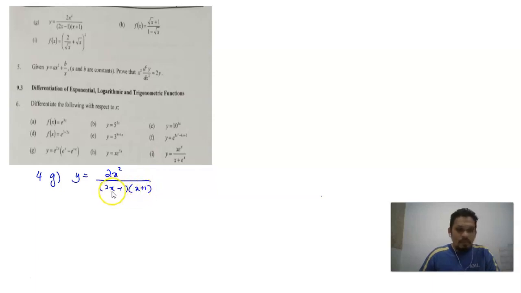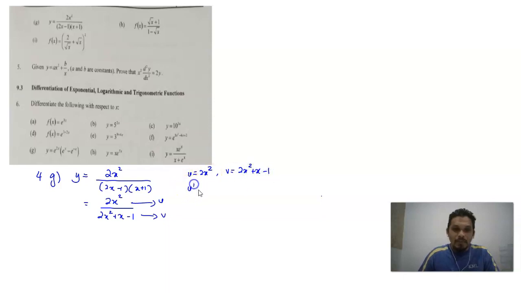Since between these two factors, 2x minus 1 and x plus 1, there is no power here, let's say I simplify this: 2x squared divided by 2x squared plus x minus 1. So this is our u and this is our v, where u equal to 2x squared and v equal to 2x squared plus x minus 1. So then u prime equal to 4x and v prime equal to 4x plus 1.